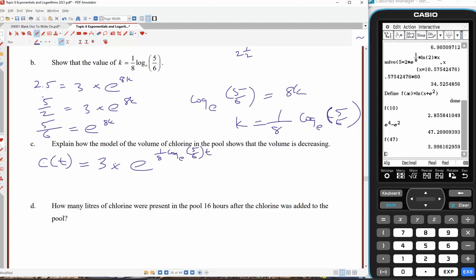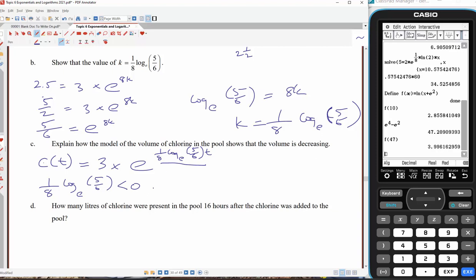So how do I know that the volume is decreasing? Well, it's got to do with this value here. We note that 1/8 log e 5 on 6 is actually less than 0, i.e. this is a negative number.